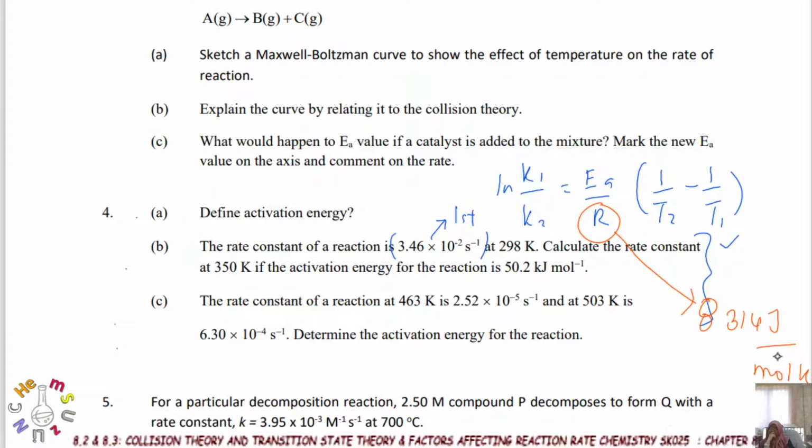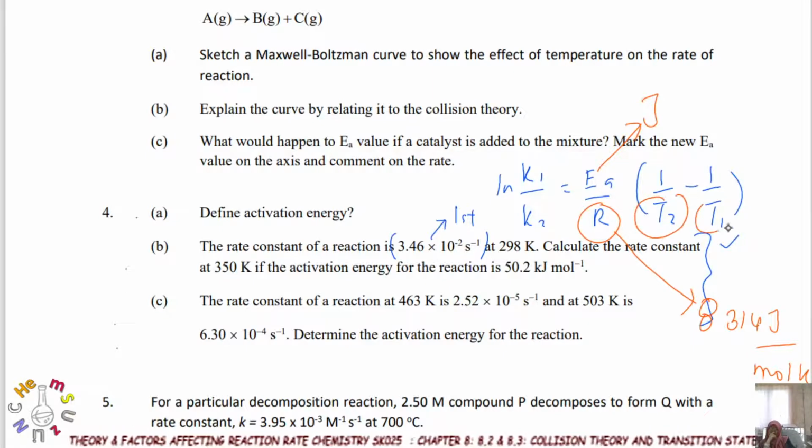Okey, jadi kalau kita pakai yang ini, sesuailah sebab EA ni energy. Unit dia adalah dalam Joule. Lepas tu temperature ni of course boleh dalam Kelvin. Sebab tu dalam soalan ni dia dah bagi siap-siap temperature dalam Kelvin.